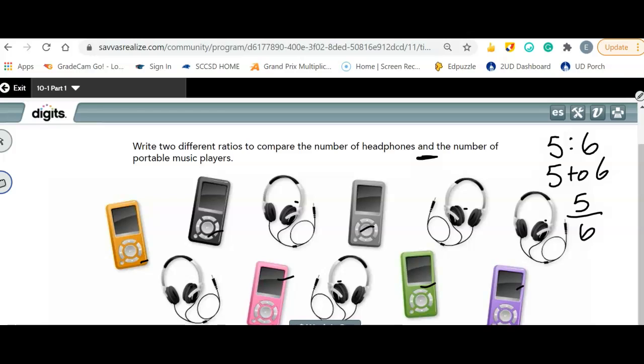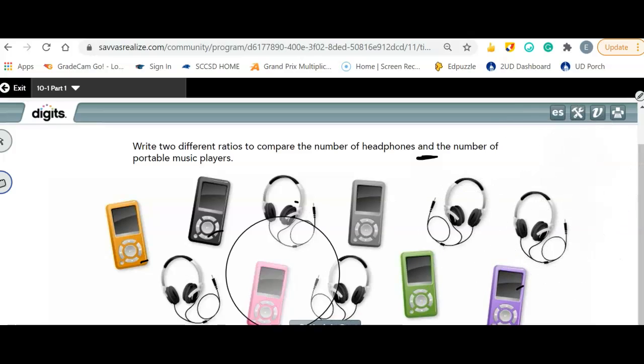On your paper, you had to have one of those 3 ways. Based off what is up here in this problem, comparing the number of headphones and the number of portable music players, I could have 5:6. I could also have 6:5. Does anyone know why?